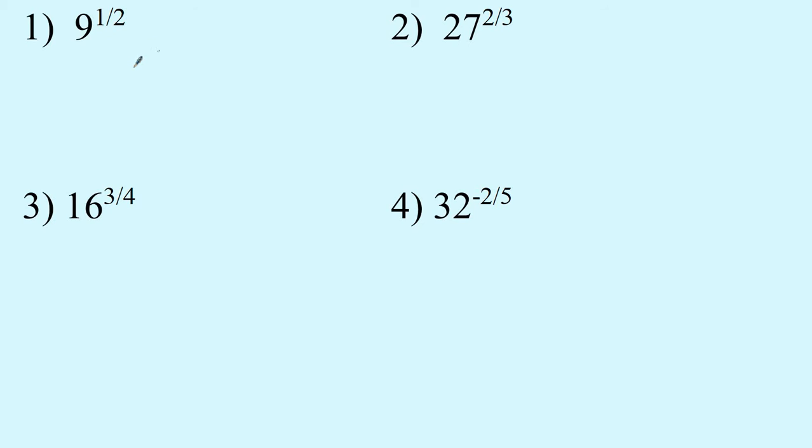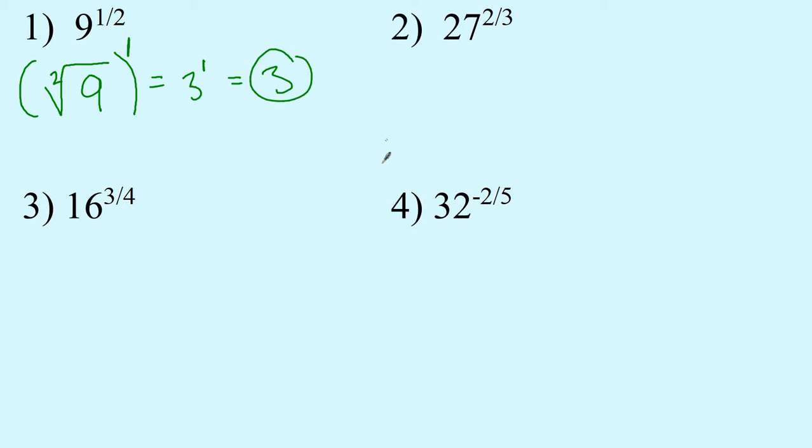So for number 1, we rewrite this. The number stays large. We write it with a radical. And like I said before, I write the power on the outside. The numerator is the power. The denominator is the index. The square root of 9 is 3. 3 to the first power is 3.